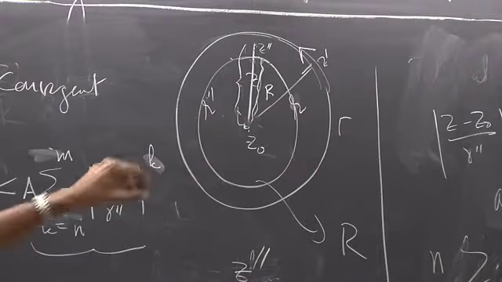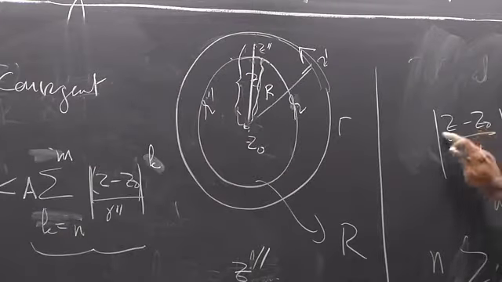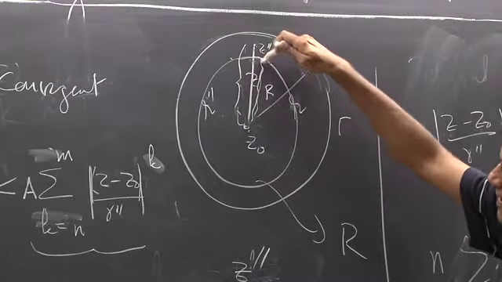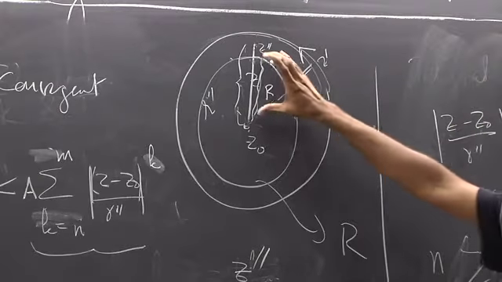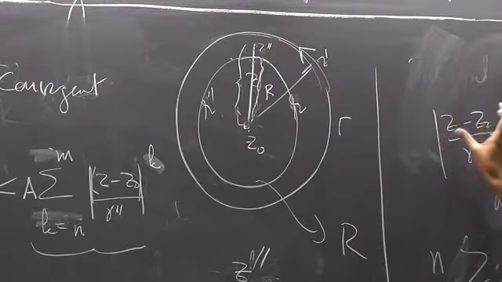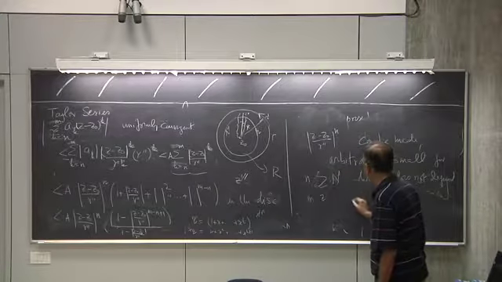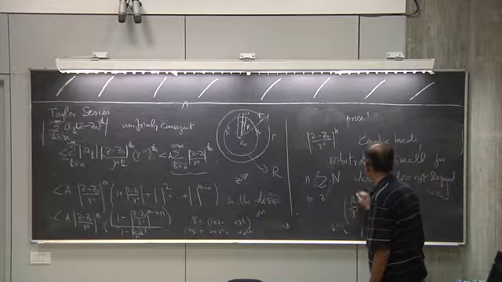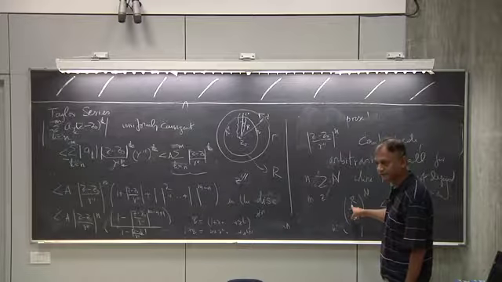So if z is inside this disk of radius capital R, this value is going to be anyway less than capital R, the modulus of z minus z0. So it is sufficient to choose the capital N such that R divided by R double prime to the power of n is less than epsilon. You see, it's enough to do that.